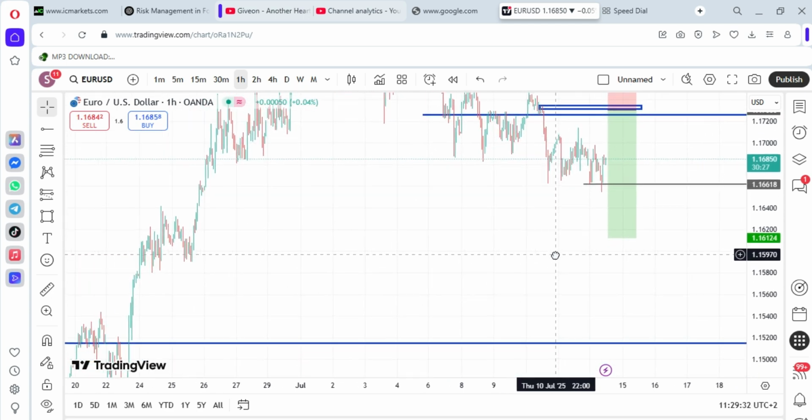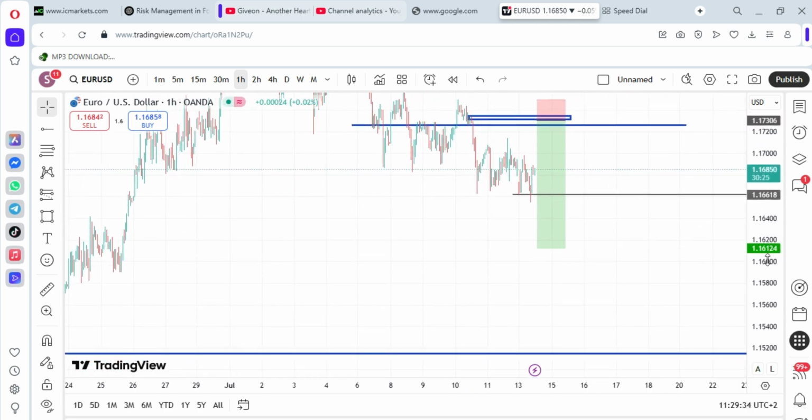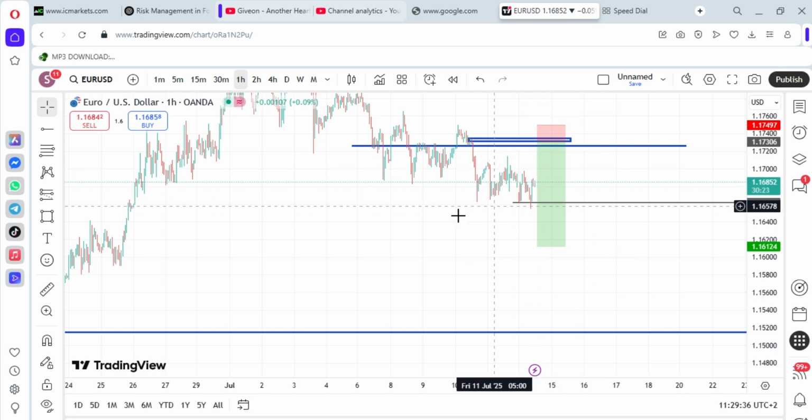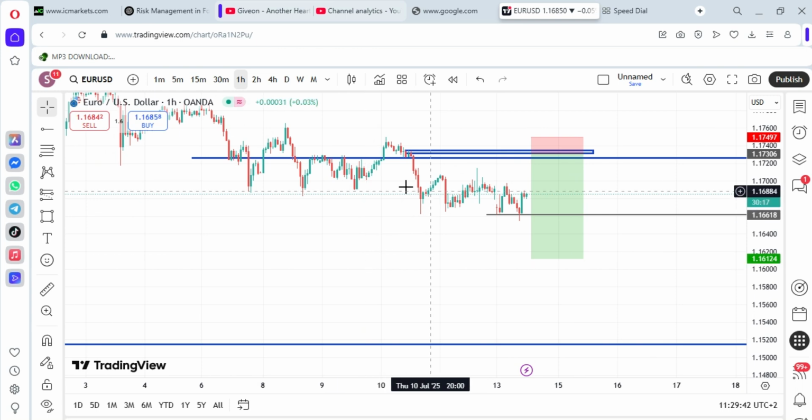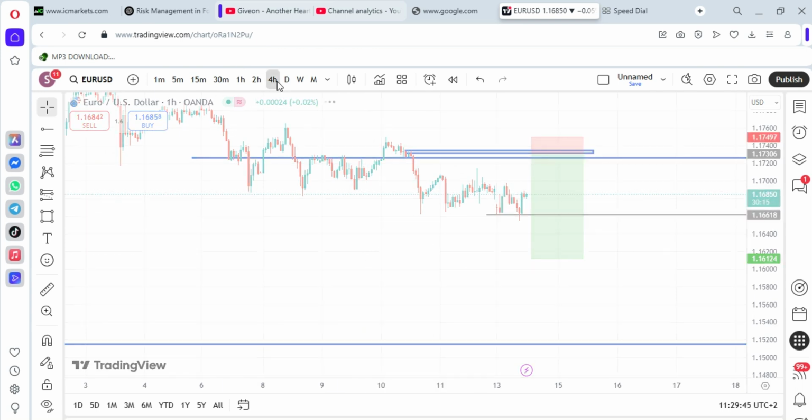So we're going to wait for price to come to this area. However, before we place a trade, we have to check the confirmation, if there is confirmation.